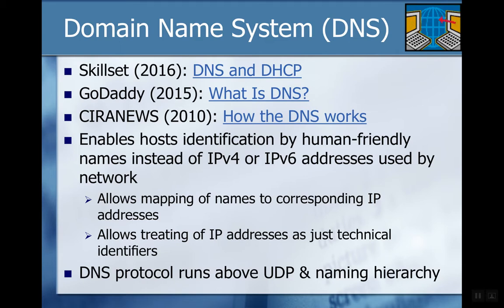It lets you map the names to the corresponding IP addresses, so you can deal with the IP addresses behind the scenes as technical things, and not have people wallowing in those details. Because quite frankly, if everybody had to use IP addresses only, I suspect the penetration of the internet would be nowhere near what it is today.